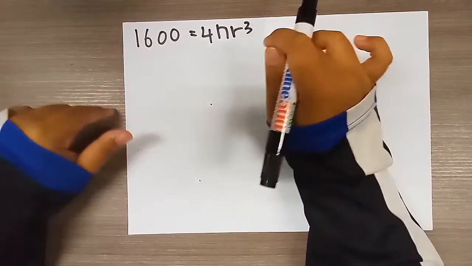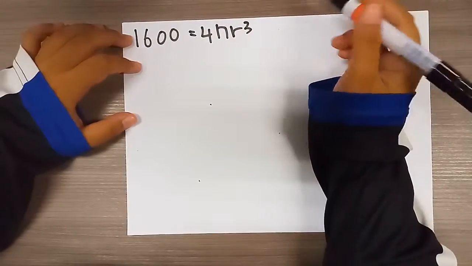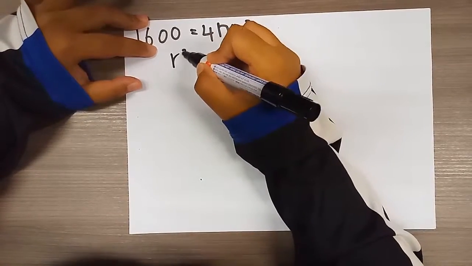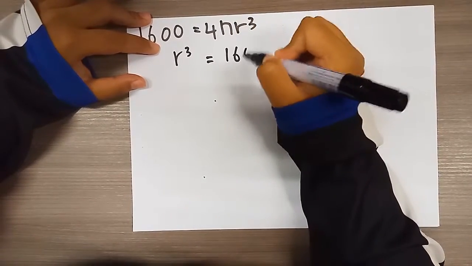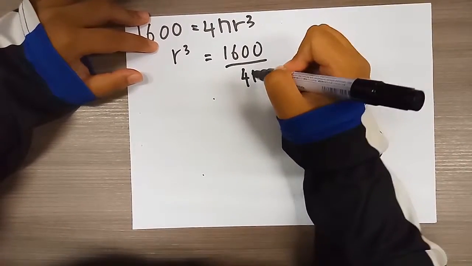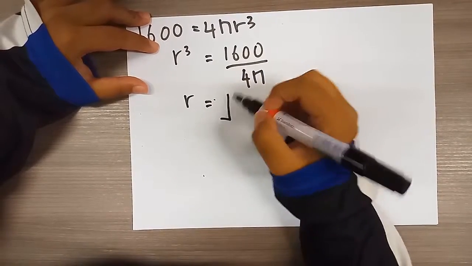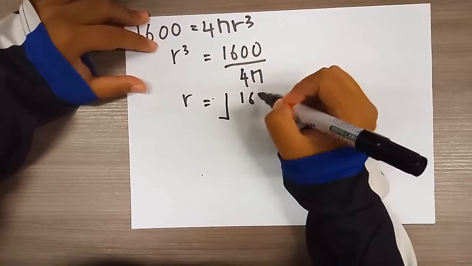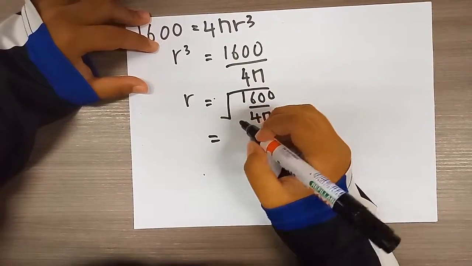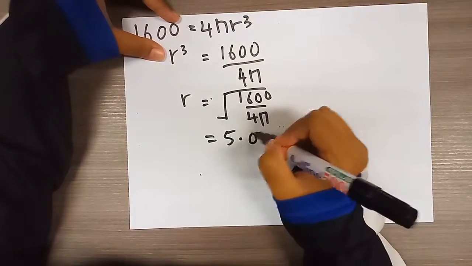We multiply the whole equation by r², which gives us this one. So we just continue to find the value of r. Over 4π. So the value of r is the cube root of 1600 over 4π, which gives us the value of r, 5.03.